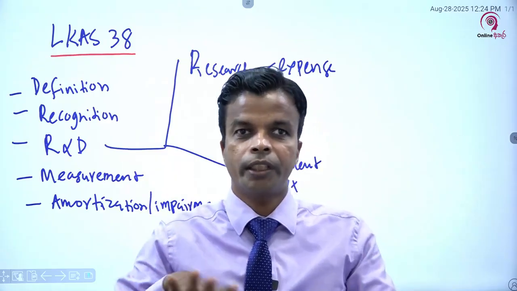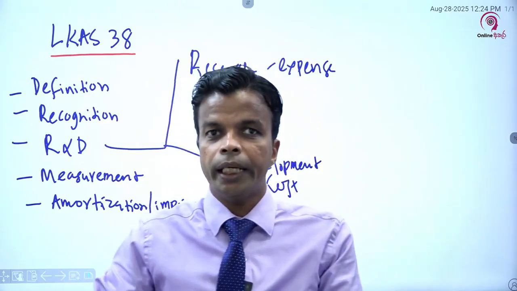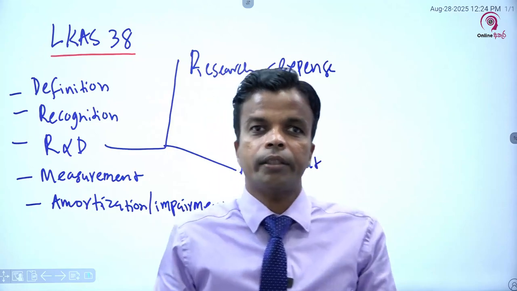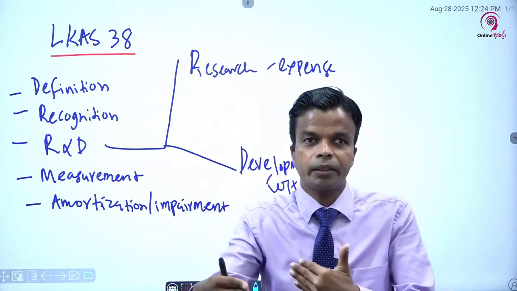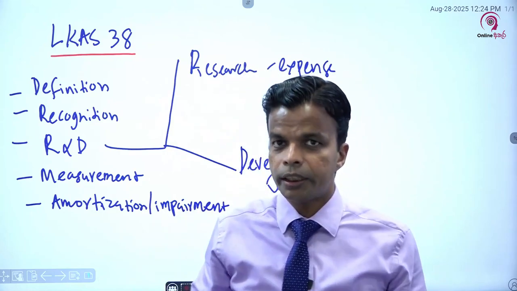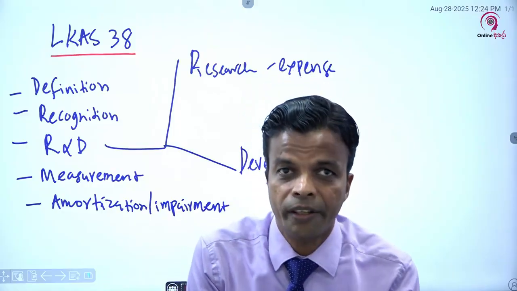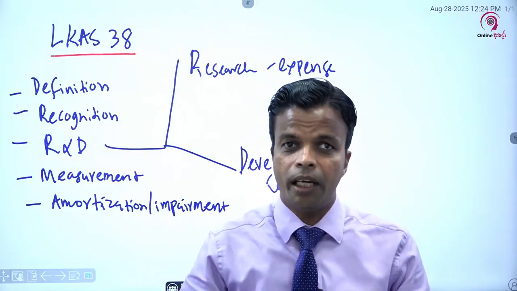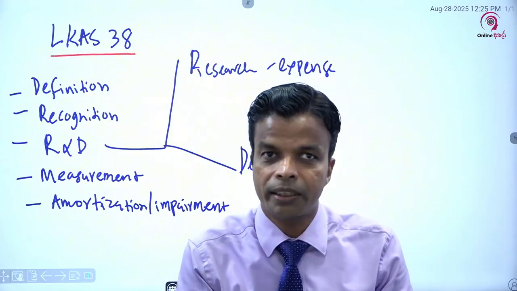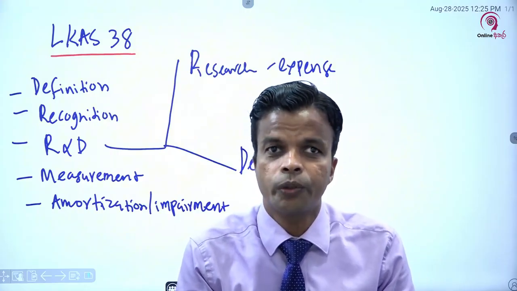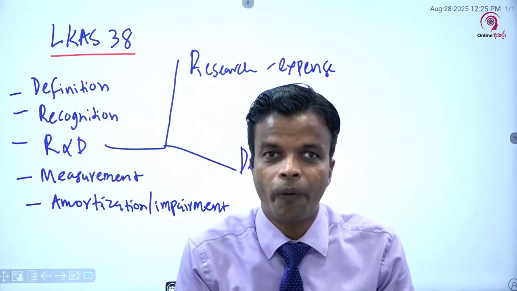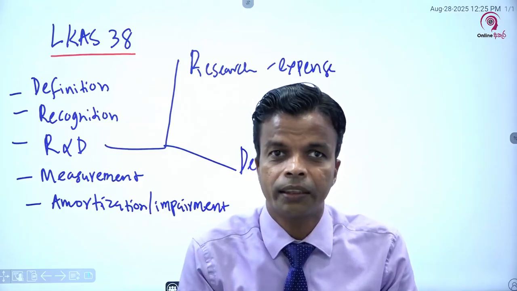Now you have done your research and you're happy, okay, we want to go with ABC drug. Now you start things. So now it's a development activity. But the question is, just because we started development, can we create an asset? Basically an intangible asset. Yes, the standard says yes, you can create an intangible asset provided you fulfill certain criteria.